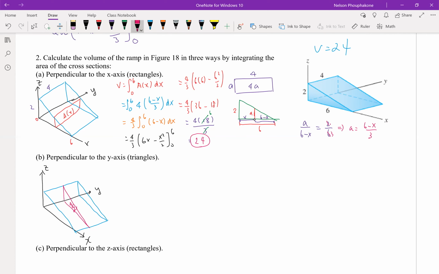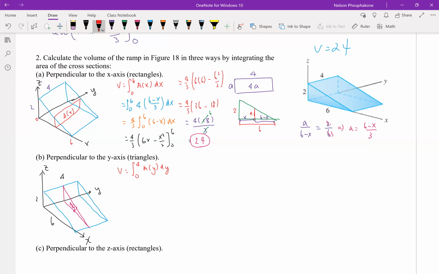Let me have those labeled first. This is 4, this is 2, this is 6 right here. Now to this one right here, I would like to find the volume, perpendicular to the y-axis. So in this case, to the y, we have it from 0 to 4. And then of course I will have A of y dy, right?